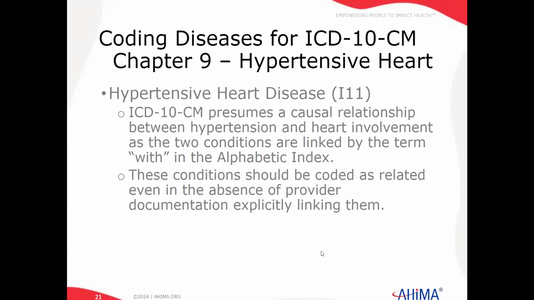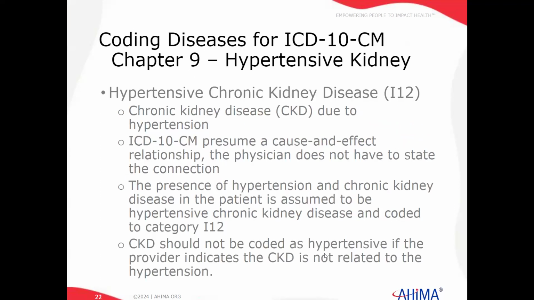Hypertensive heart disease presumes a causal relationship between the hypertension and the heart involvement. In other words, what this means is that it's coded as related unless the provider says otherwise. Hypertensive chronic kidney disease is somewhat related, and it's coded to code category I12.